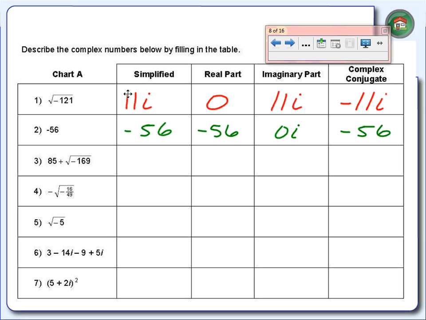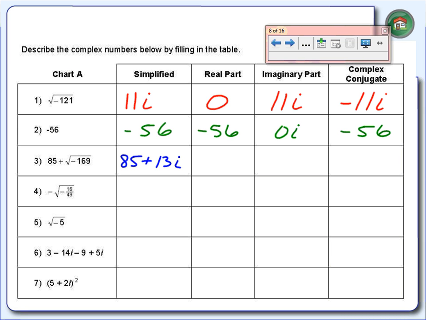85 plus the square root of a negative 169. Well, what is the square root of a negative 169? 13i. So we have here the complex number 85 plus 13i.